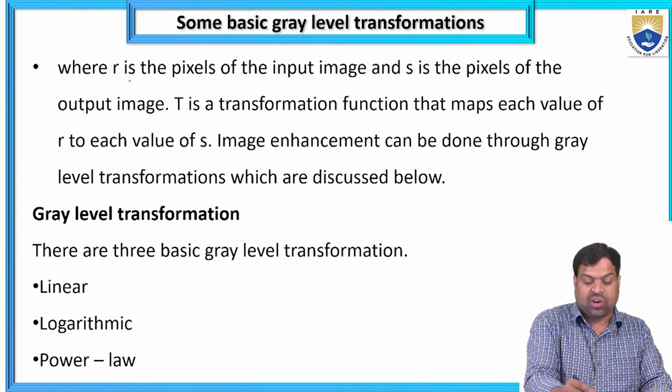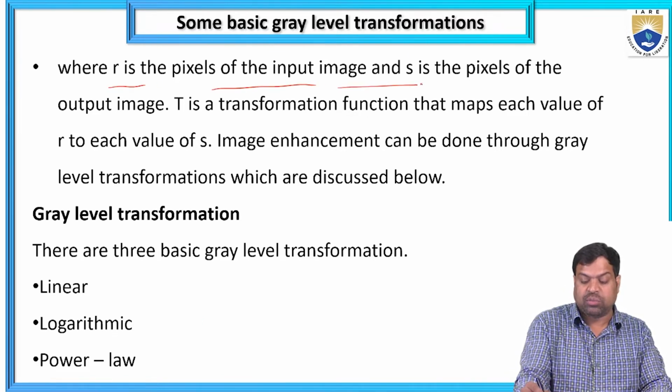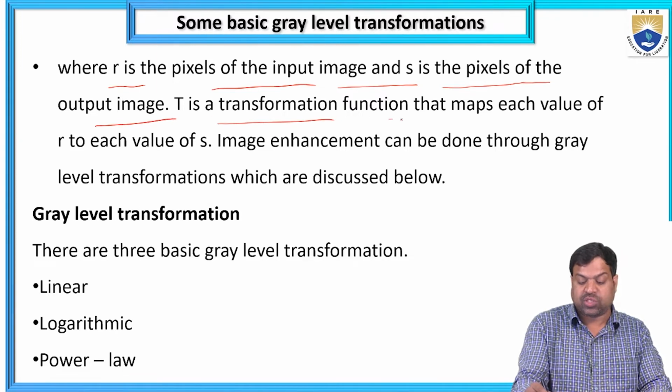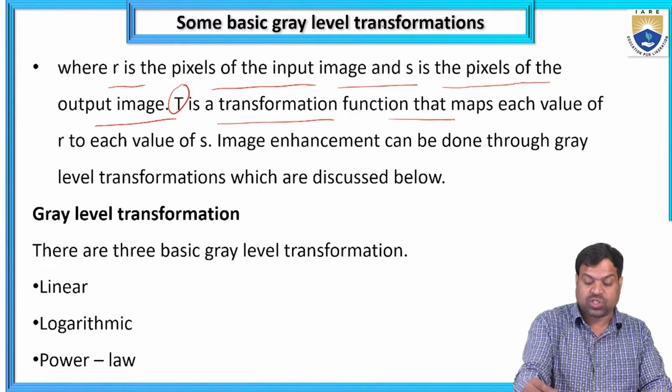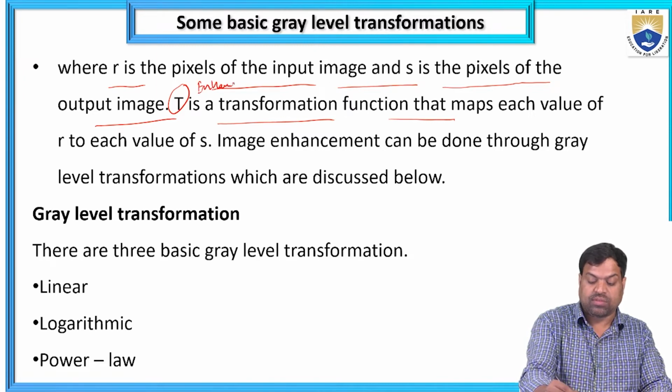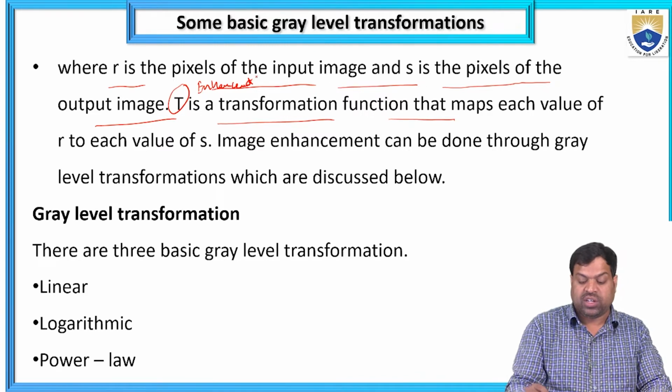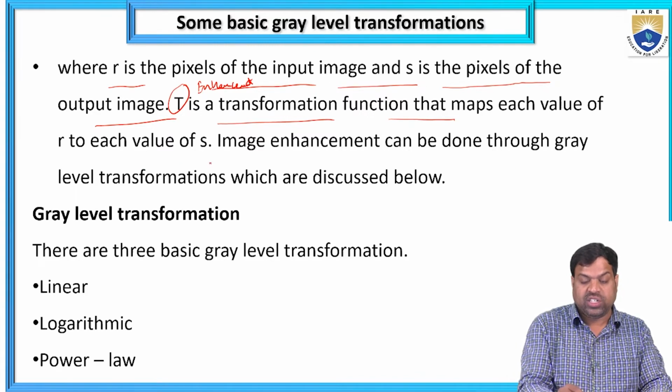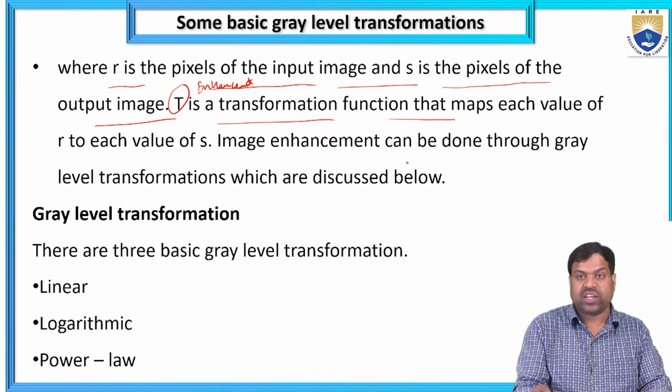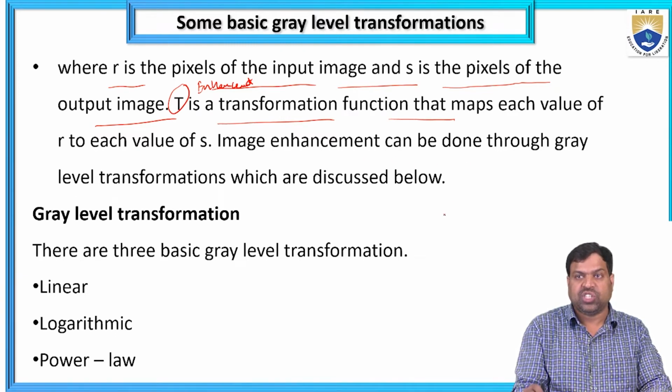Here, R is the pixel of the input image, S is the pixel of the output image, and T is the transformation function. What does the transformation function mean? It is the enhancement function I am using. For each value of R, we get a value of S. Image enhancement can be done through gray level transformations, which are discussed below.